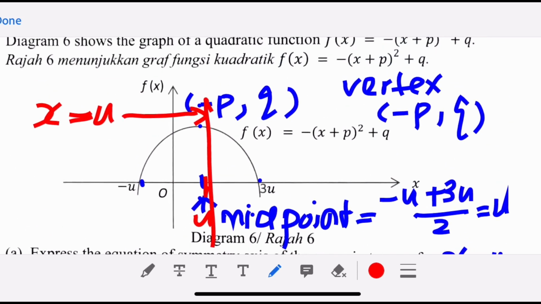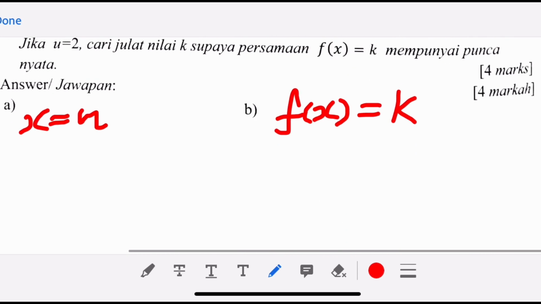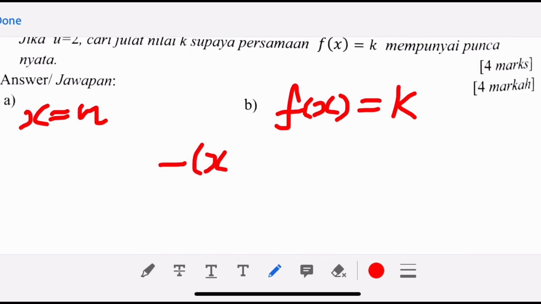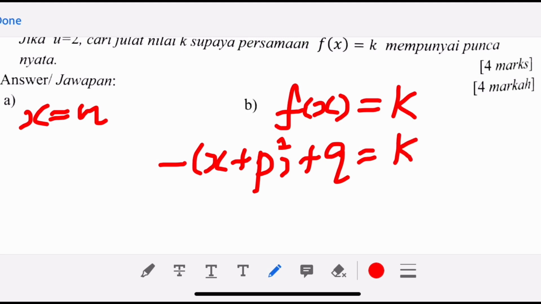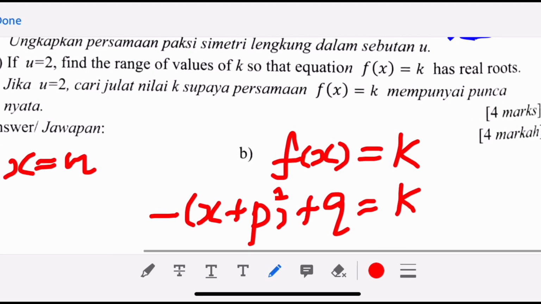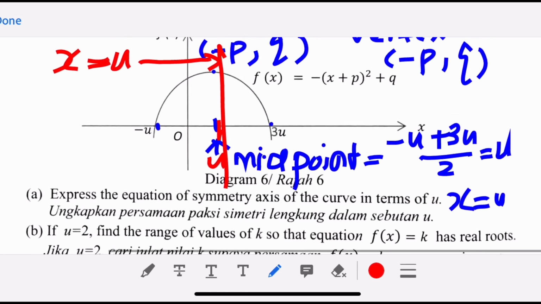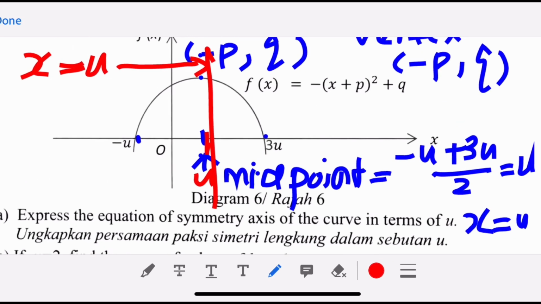And then you're asked to find the range of k when f(x) equal to k has real roots. Now I want to explain what real roots means. You have to understand what real root means, then only you can do it. So let's see.